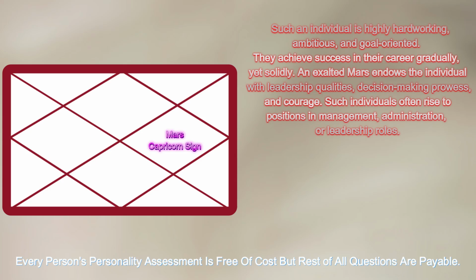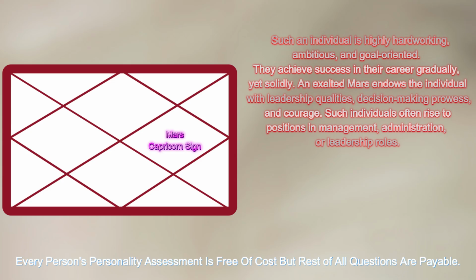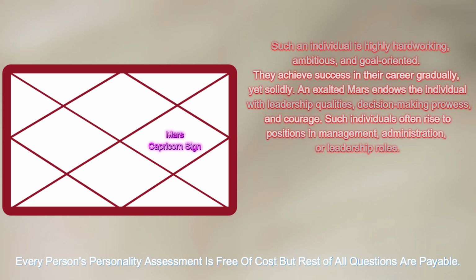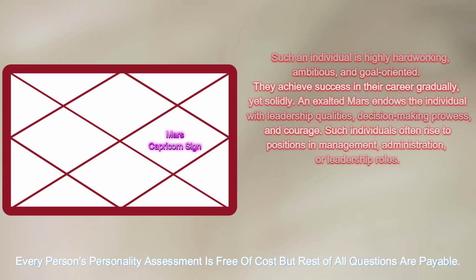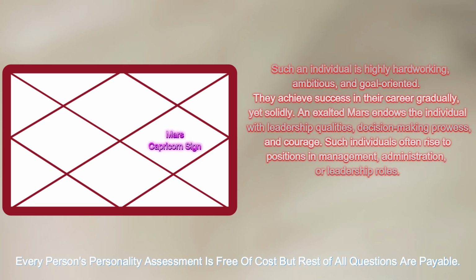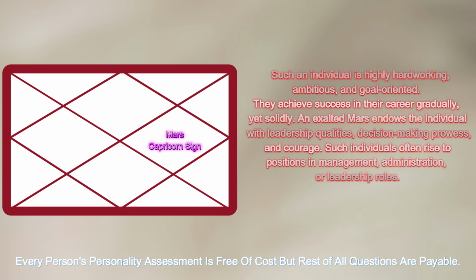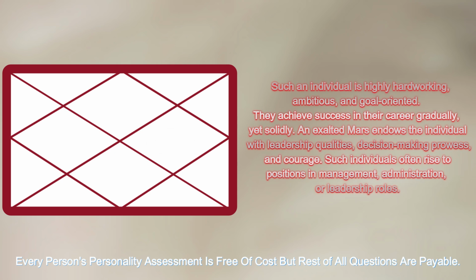They achieve success in their career gradually, yet solidly. An exalted Mars endows the individual with leadership qualities, decision-making prowess, and courage. Such individuals often rise to positions in management, administration, or leadership roles.